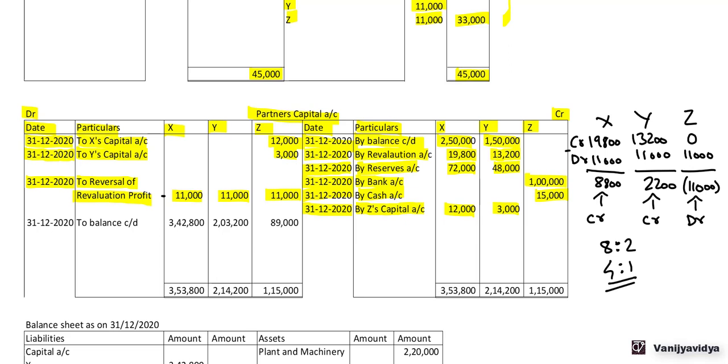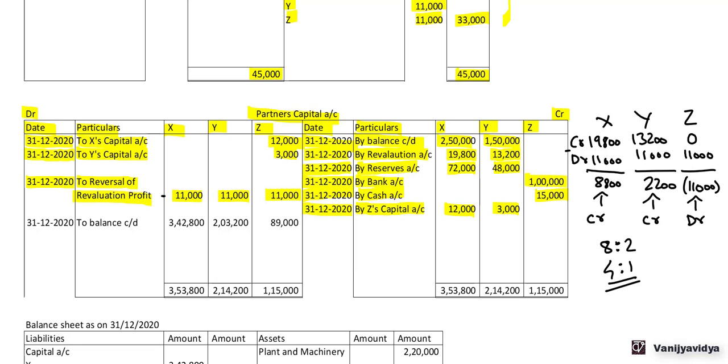This 4 is to 1 is the sacrifice ratio of X and Y. We have already calculated 4 is to 1 as the sacrifice ratio of X and Y. So because of this memorandum revaluation account, what has happened is, X and Y have shared some proportion of the profit of Z in their sacrifice ratio, and Z has borne the loss of that net value.